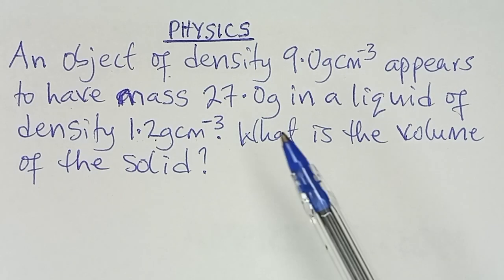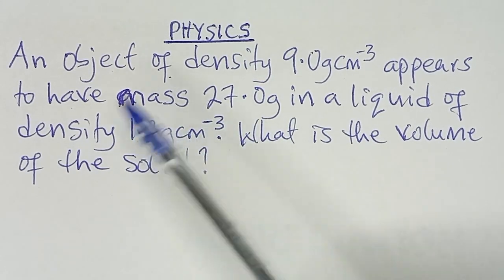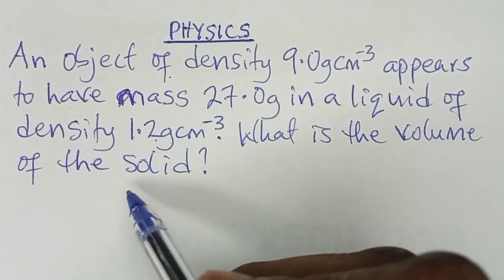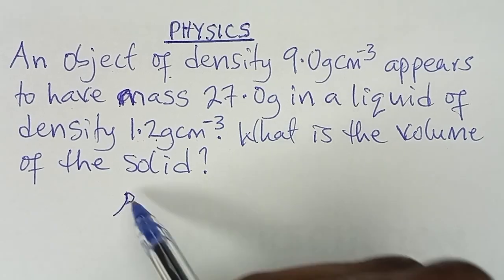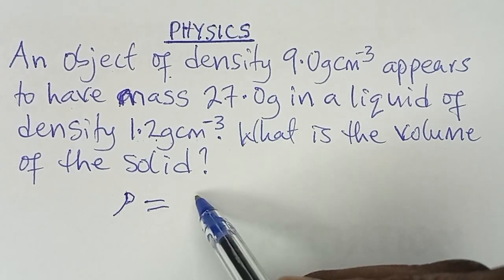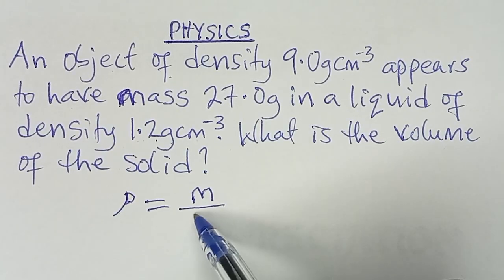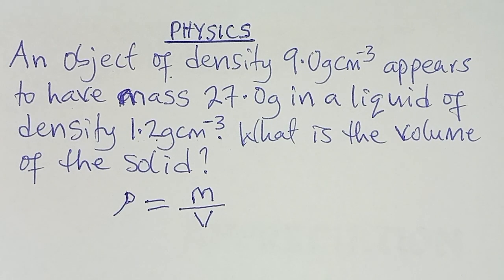Now, let's move on to the formula for density. Density, rho, is equal to the mass of an object all over its volume. I want to believe we all know this formula.